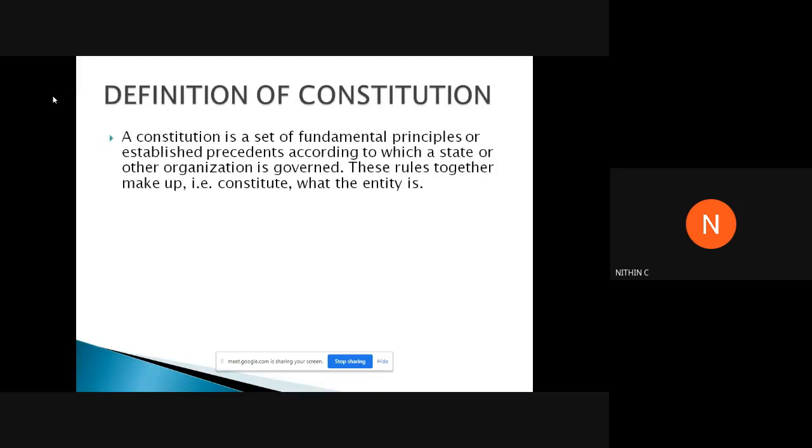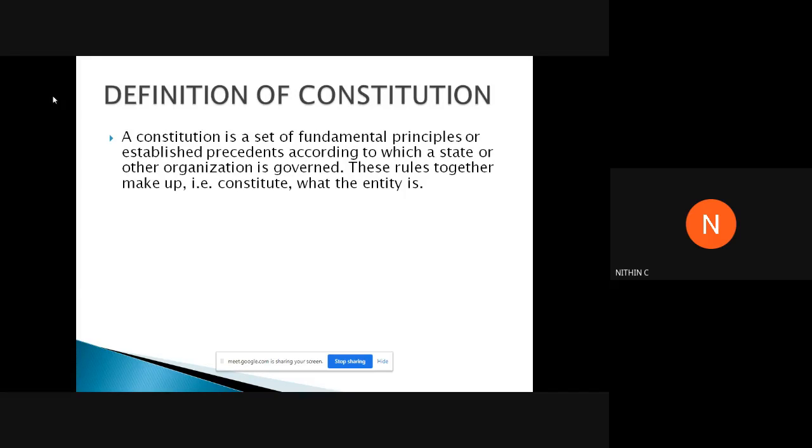A constitution is a set of fundamental principles or established precedents according to which a state or other organization is governed. This is the general definition for constitution. These rules together make up, that is, constitute what the entity is.